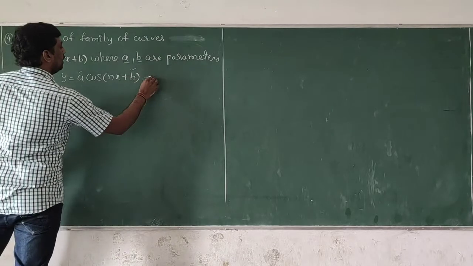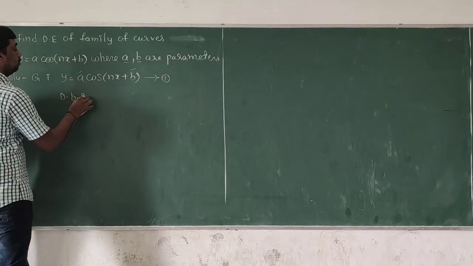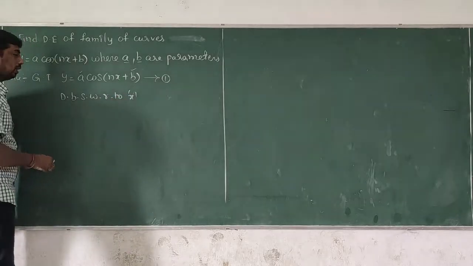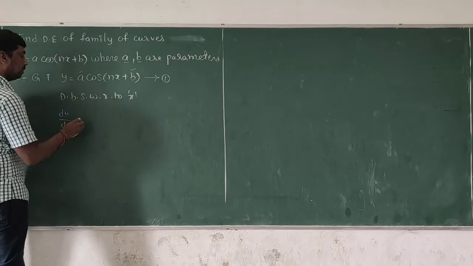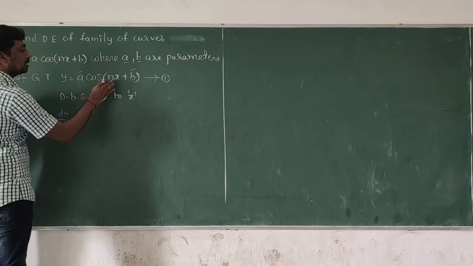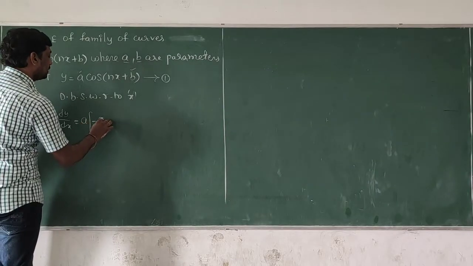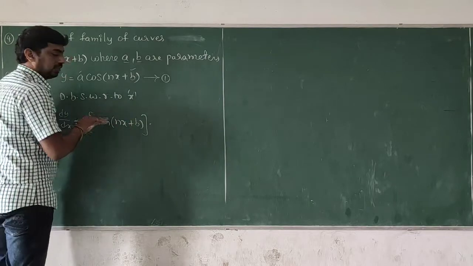So take this as the first equation, differentiate both sides with respect to x. Derivative of y is dy by dx. Here a is constant, a into cos of nx plus b. Cos x differentiation is minus sin, minus sin of nx plus b, into internal function derivative.